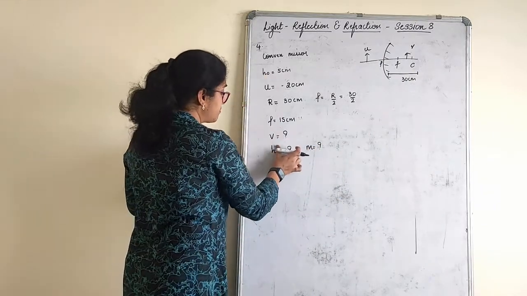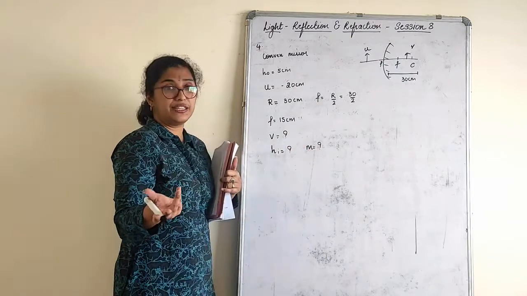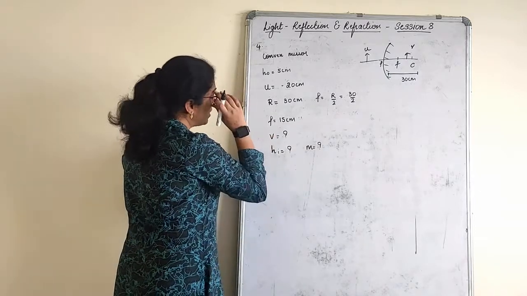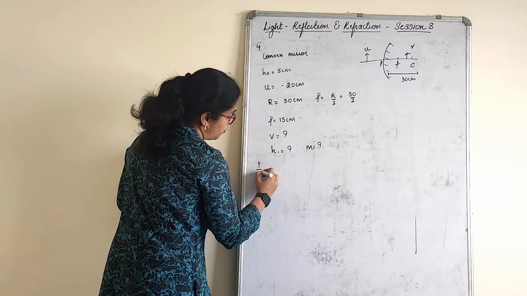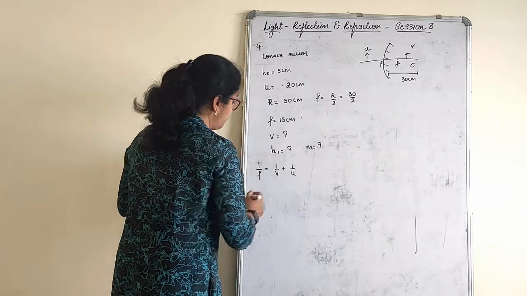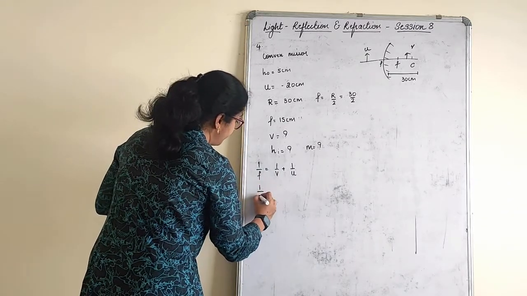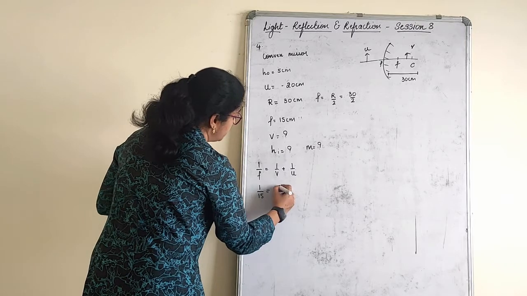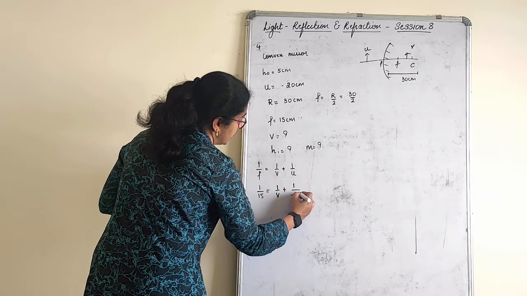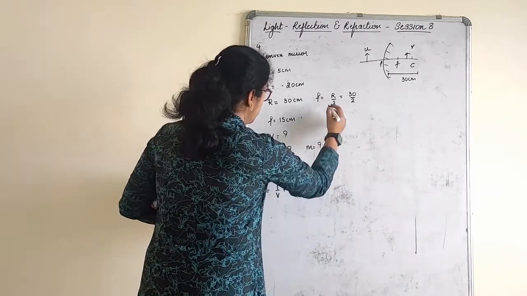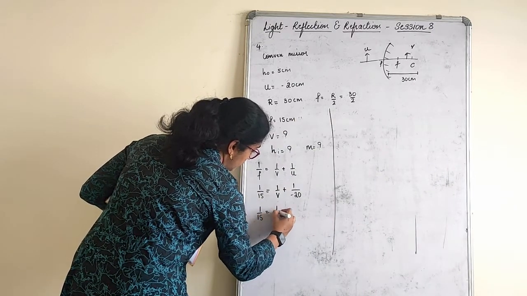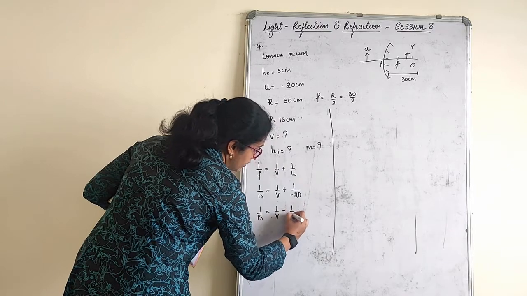See, height of the object is given. You can find height of the image. With that, magnification also can be found out to find the nature. Quickly we'll start with the mirror formula. 1 by F is equal to 1 by V plus 1 by U. So 1 by 15 is equal to 1 by V, which we have to find, plus 1 by U, is 1 by minus 20. 1 by 15 is equal to 1 by V minus 1 by 20.